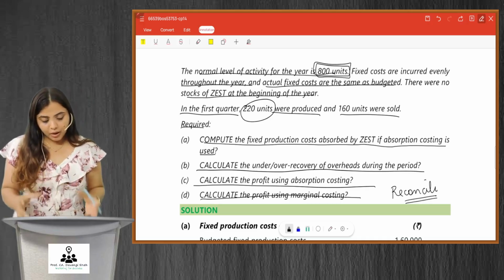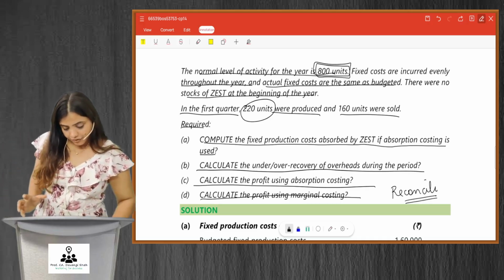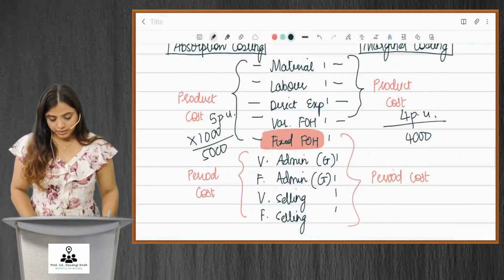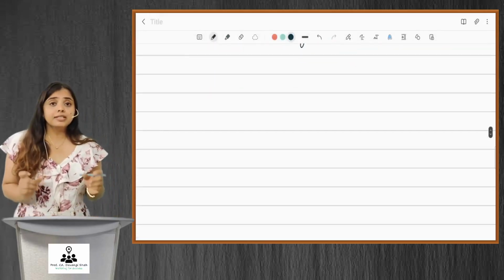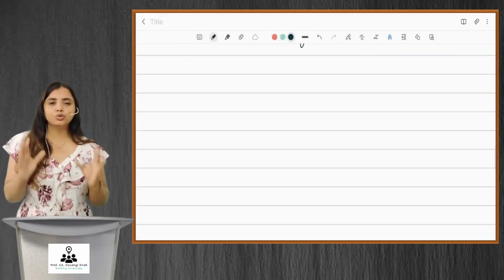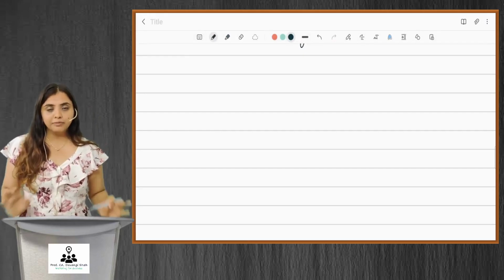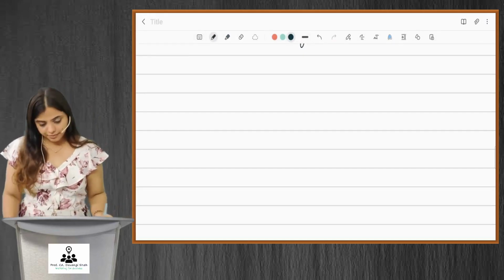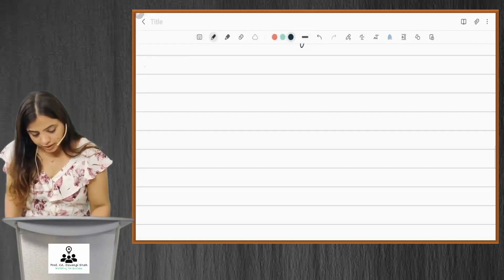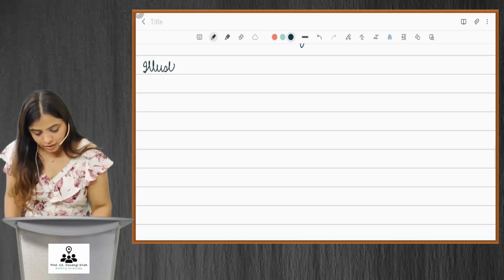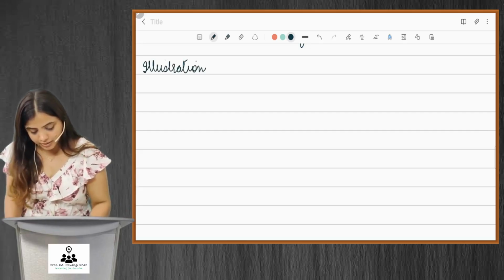Okay. Now how to start the sum? Firstly, what you should do is, as I said, the difference lies in the stock valuation. So you should know your stock units beforehand before doing any calculation in this sum. So we're doing illustration number 18 of the ICAI book.